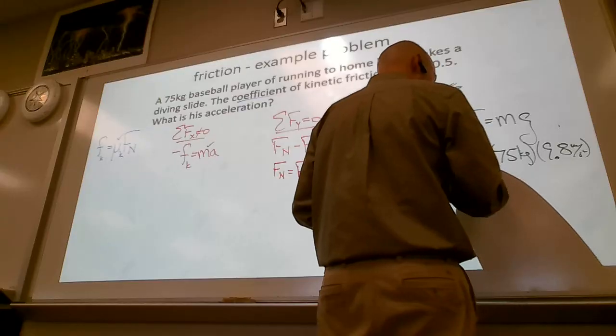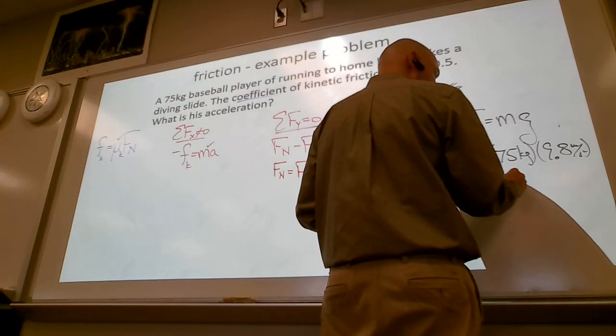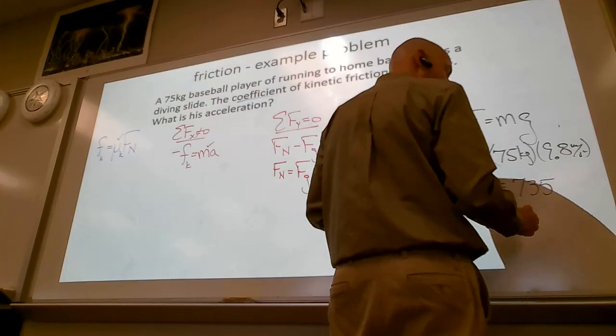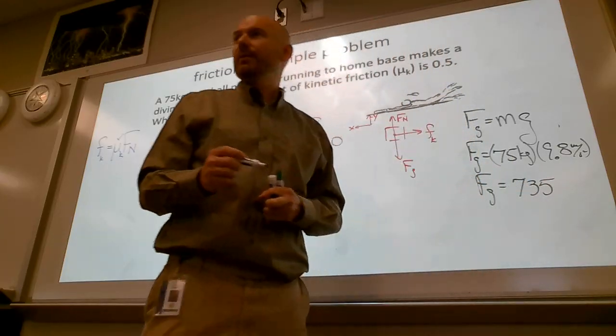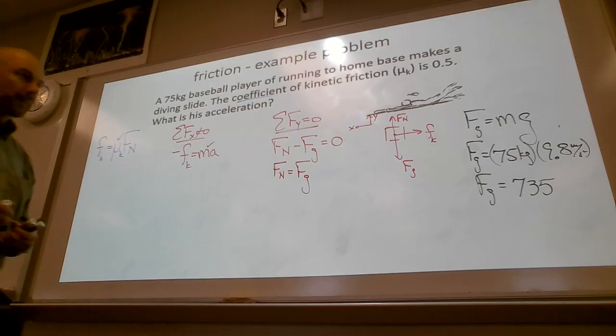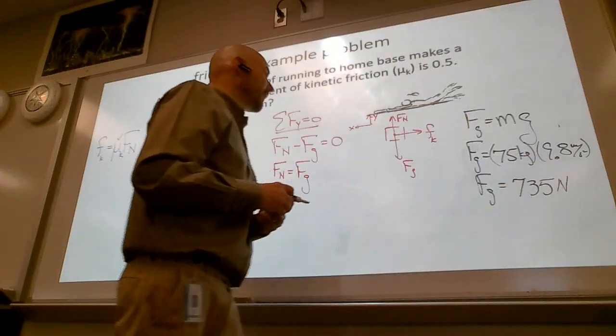That's going to be really close to 750. It's going to be 735. Is that right? You said we could round in practice problems. This is an example problem. 9.8 times 75 equals 735. Yep. 735 newtons.